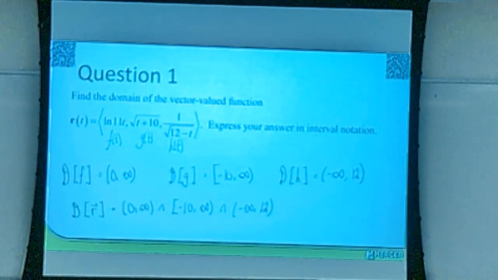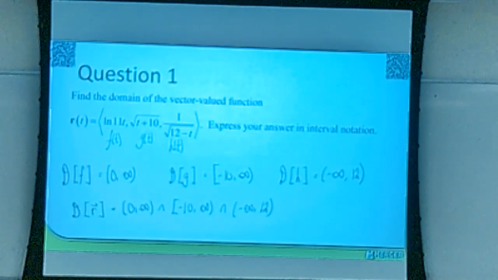Formally, it's the set of all points such that x is in A and x is in B. And then you can extend that to more than two sets, in this case 3 sets.